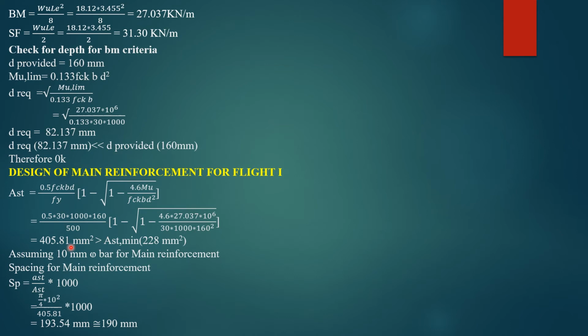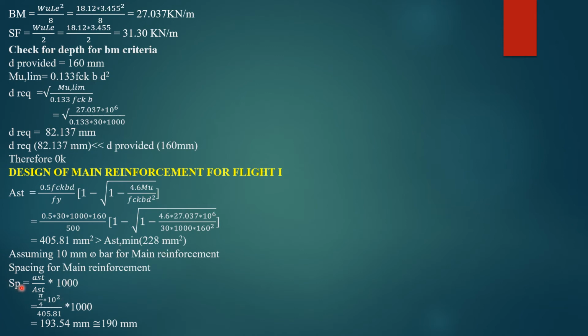After getting this AST, we need to check it against the AST minimum. I have already written the AST minimum value, but in the next slide we are going to see how to calculate it. Now let us calculate the spacing for the main reinforcement.